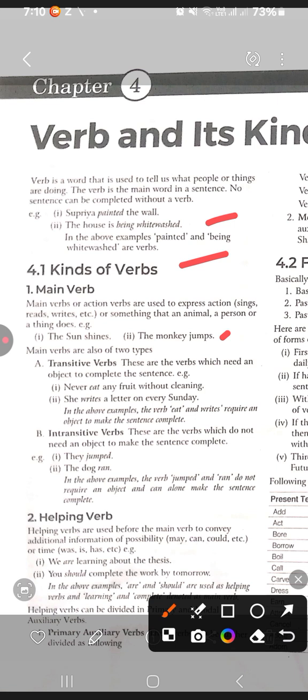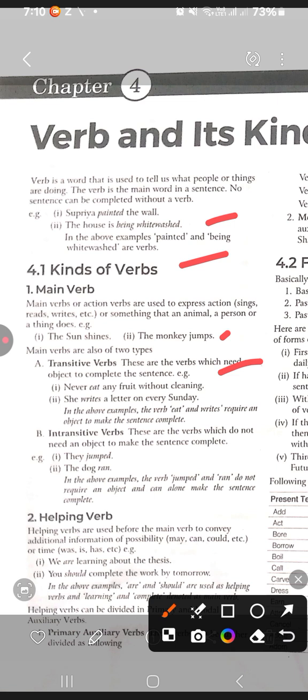Now, we are going to understand about transitive verbs. What are transitive verbs? These are the verbs which need an object to complete the sentence. A type of verb which needs an object is called a transitive verb.